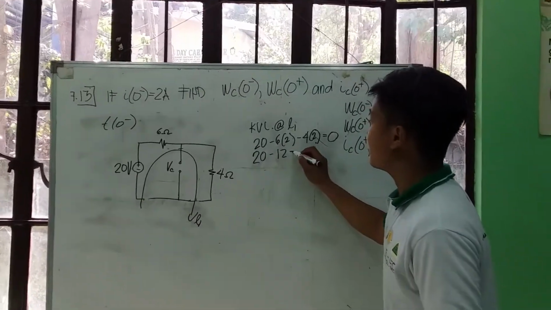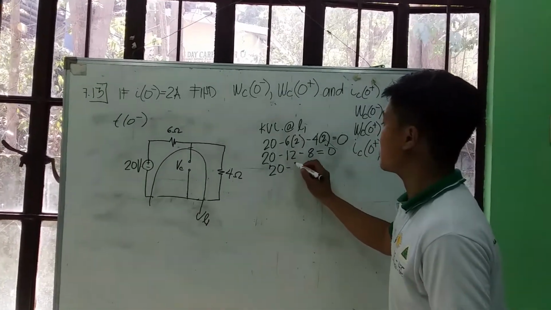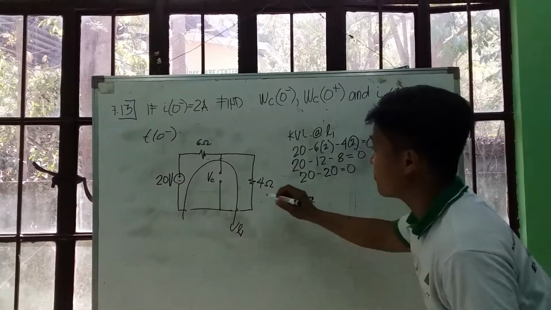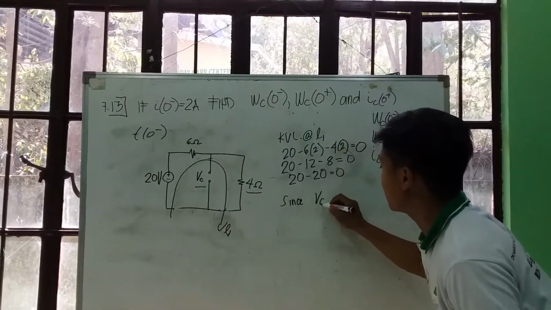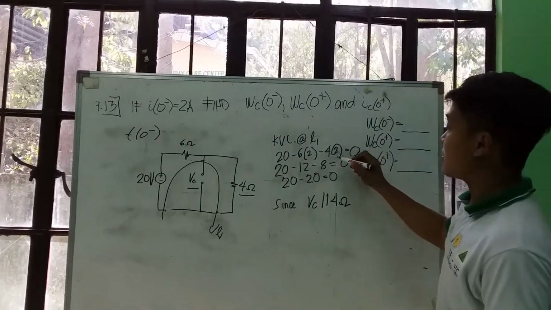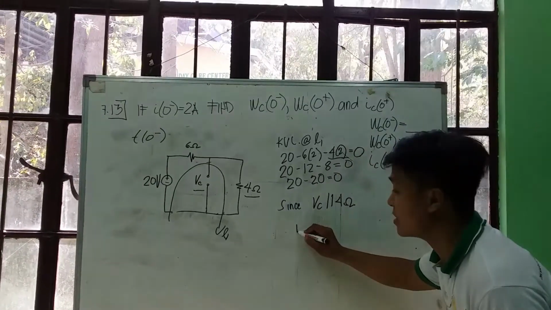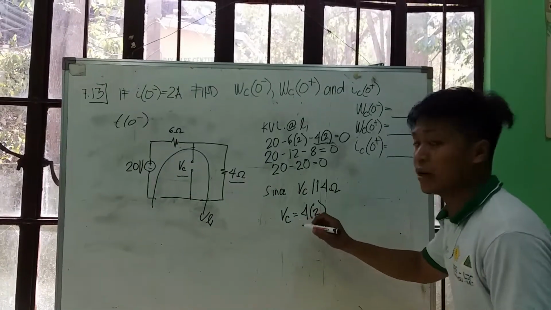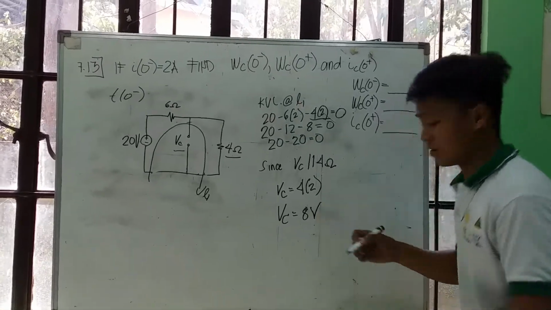Minus 12 minus 8 equals 0, and 20 minus 20 equals 0. The capacitor is parallel with the 4 ohm resistance. We get the equation in the 4 ohm resistance, and VC equals 4 times 2. And we will get the voltage at the capacitor to be 8 volts.